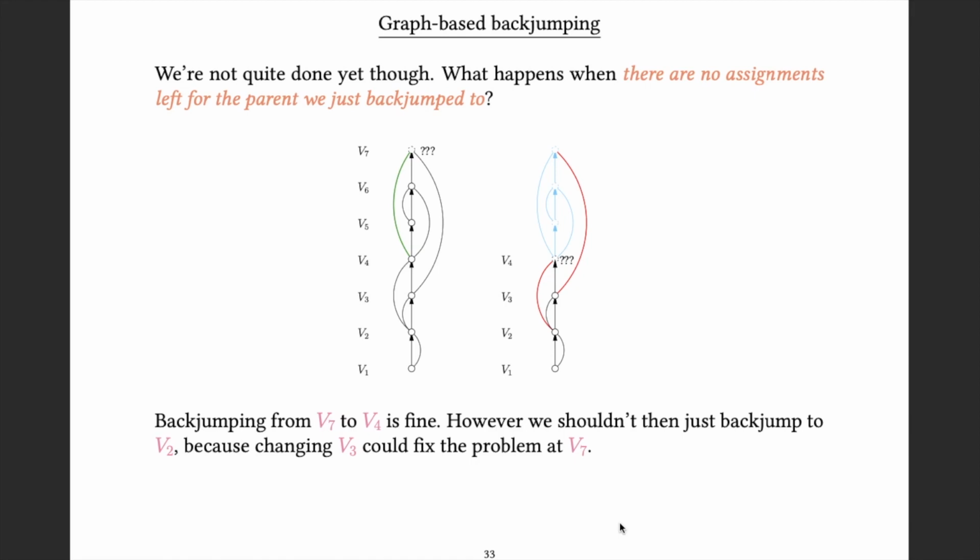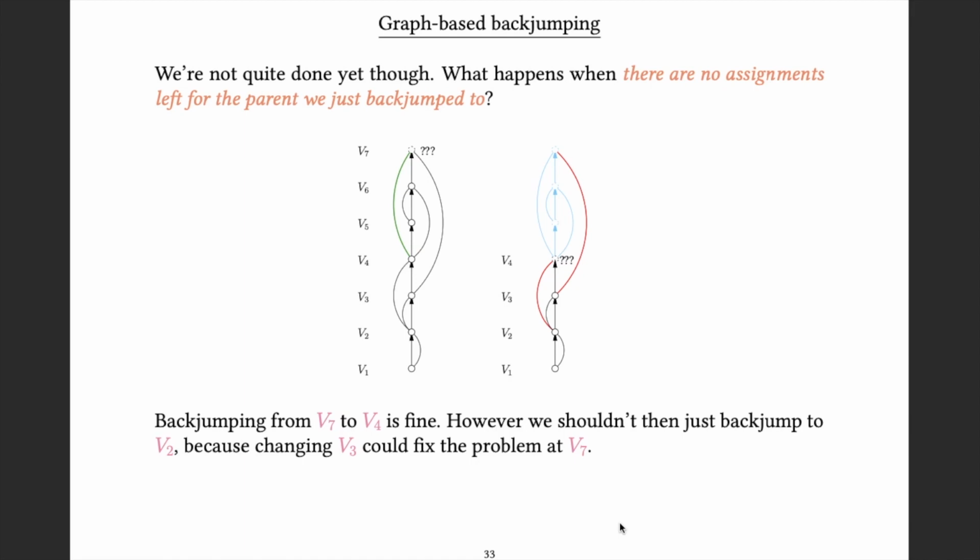So, in summary, if we get to v7 on the left, we can back jump to its parent, v4, and this is fine. But we don't want to just apply the same reasoning again, because it's possible that by changing the assignment to v3, we could fix the problem that initially made us back jump.